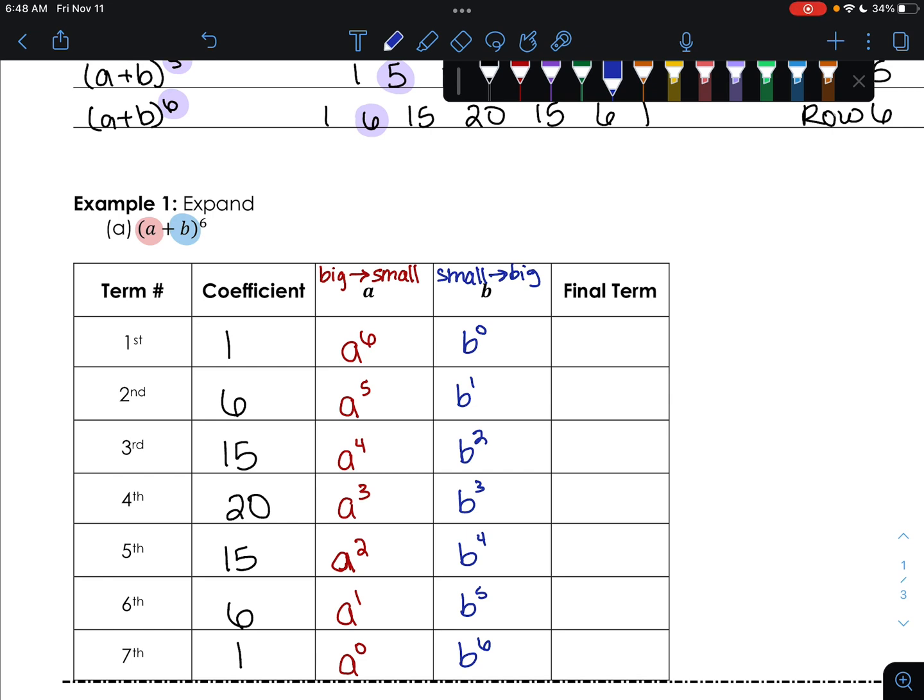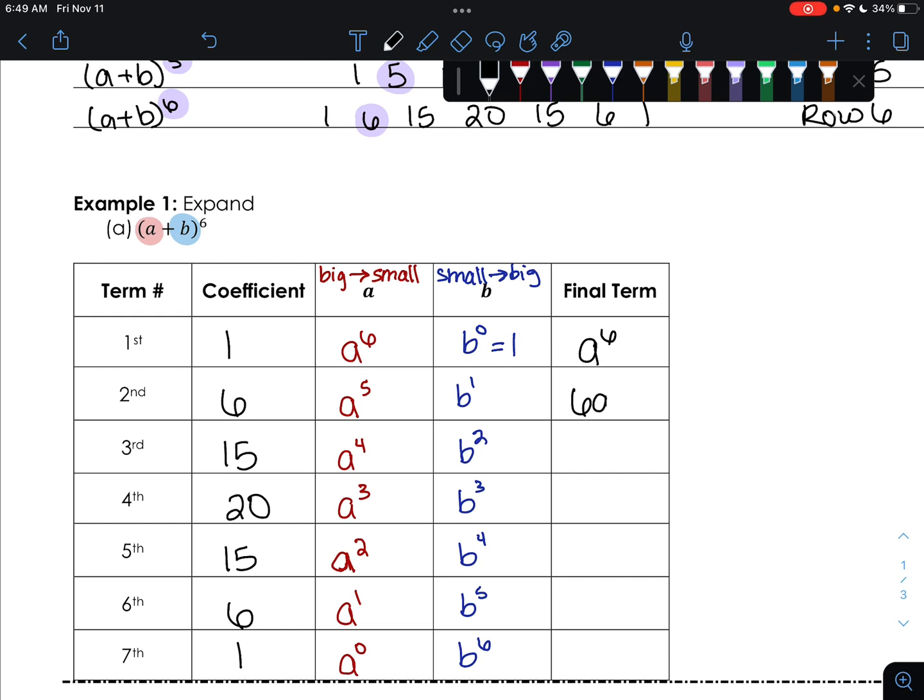Then all you're going to do is multiply these three columns together to get your final terms. So we have 1 times a to the 6 times b to the 0. Remember, anything to the 0 power is 1. So 1 times a to the 6 times 1 is just a to the 6th power. Then I have 6 times a to the 5th times b to the 1st.